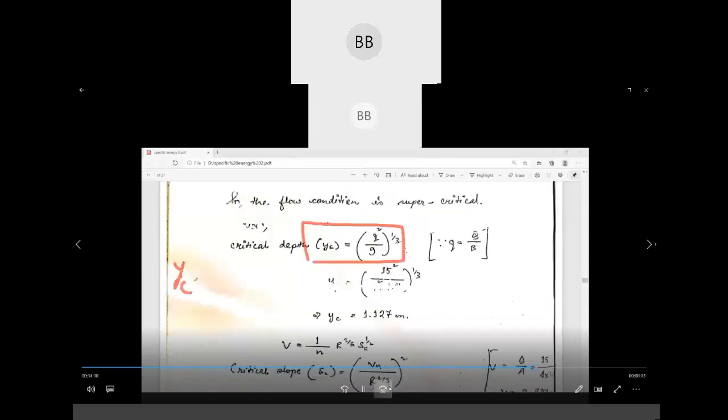For critical depth, yc is equal to q square by g, to the power 1 by 3, as we are discussing a rectangular channel. q is not given, so in place of q you can write discharge divided by width of the channel.